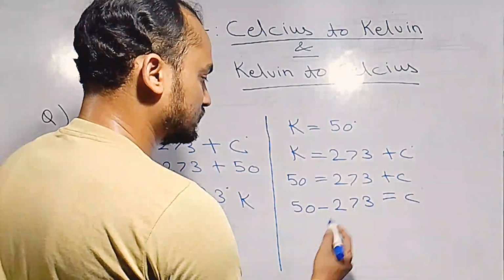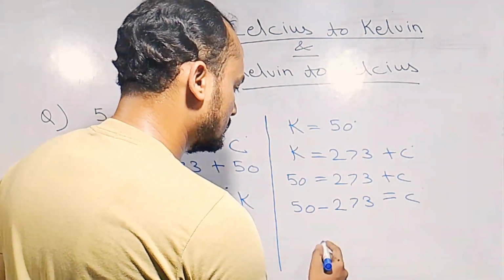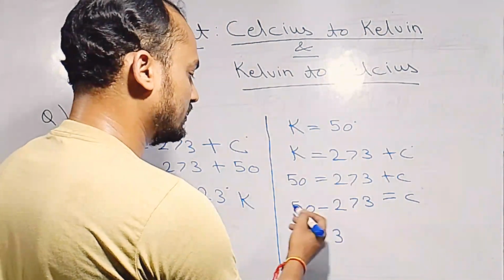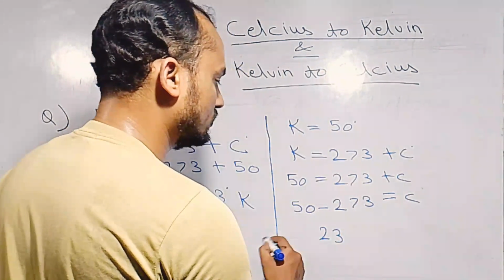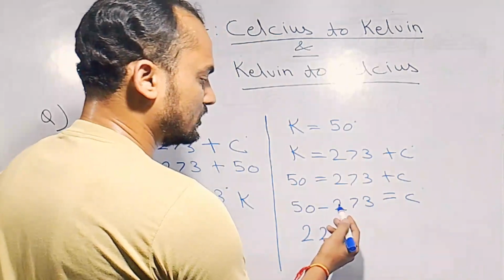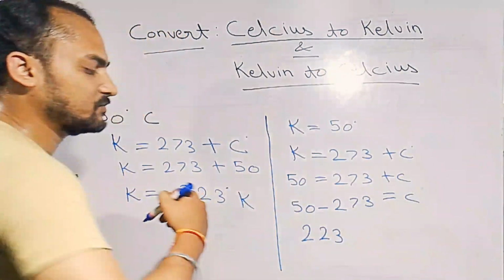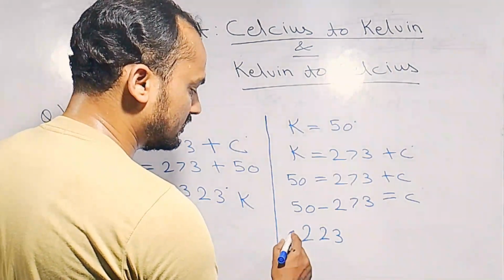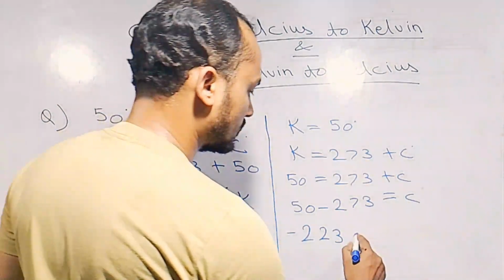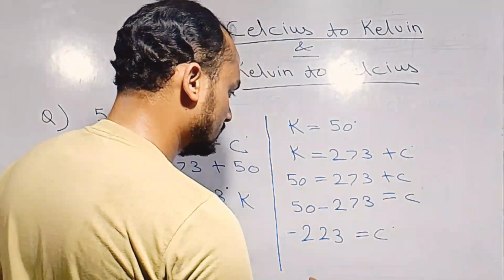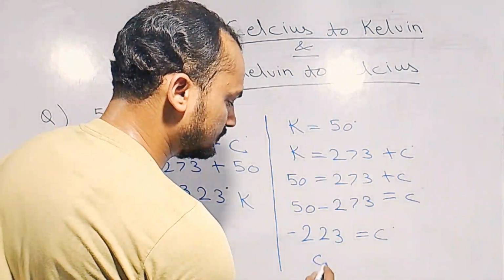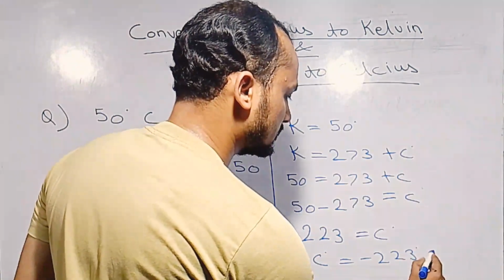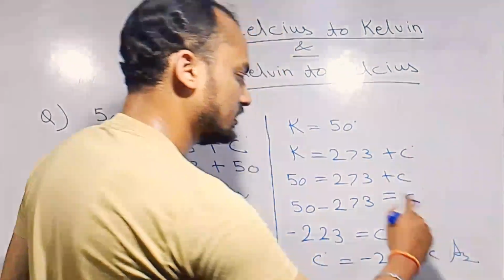Now we will subtract it. 3 minus 0 is 3, 7 minus 5 is 2, and here it will be 2. Thus we put the sign of the bigger value, so the bigger value is 273, so the sign will be minus. Okay, so the Celsius value will become minus 223 degrees. This will be our answer.